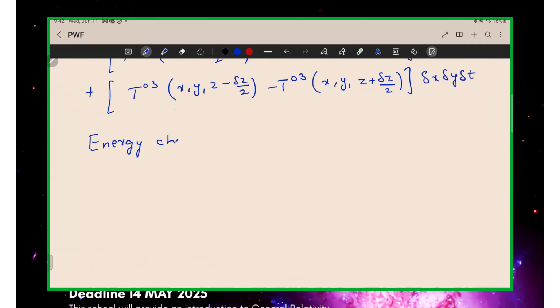Well, that's actually pretty simple to write because before time delta t, the energy is T00. So you remember T00 is the energy density, okay? So T00 at x, y, z, but at time t, that's before time. So that's the initial energy.